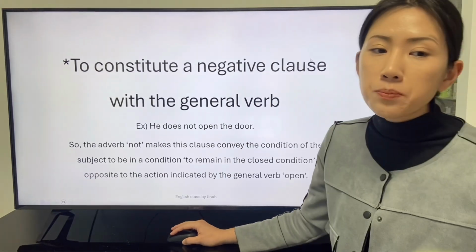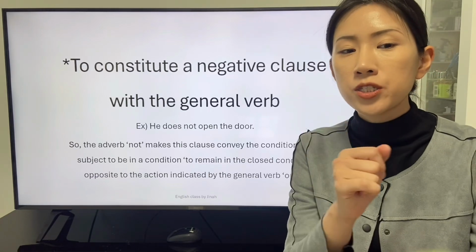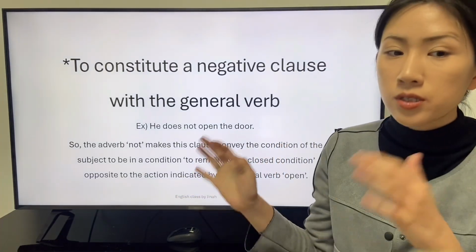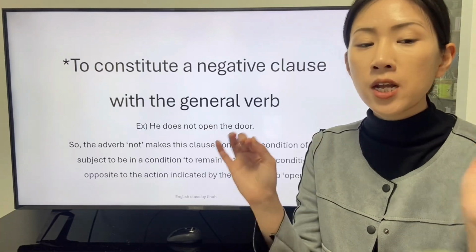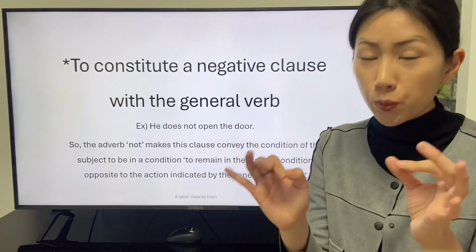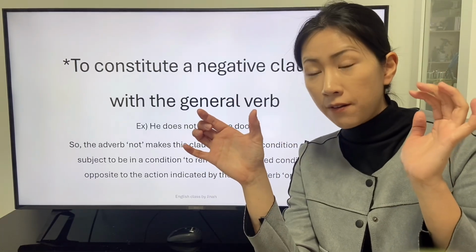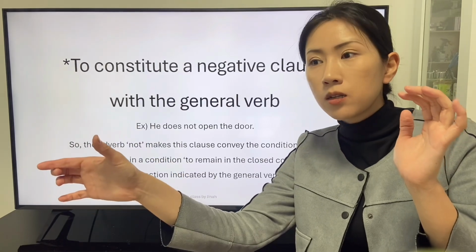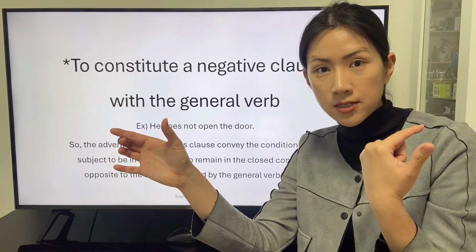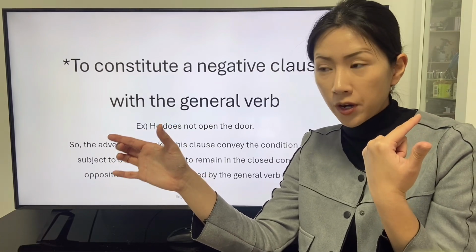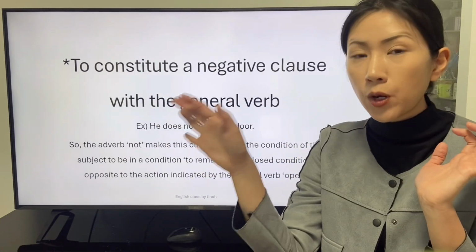The adverb not makes this clause convey the condition of the subject to be in a condition to remain in the closed condition, which is the opposite of the action indicated by the general verb open. The modal verb emphasizes the definition of the verb open, and the adverb makes the emphasized definition of the verb right opposite of the original definition.